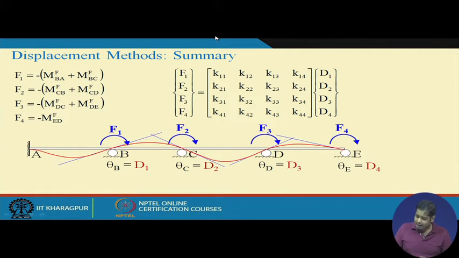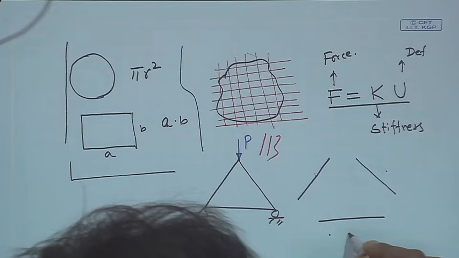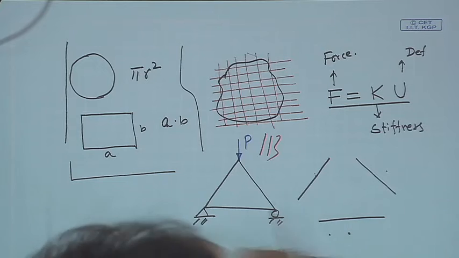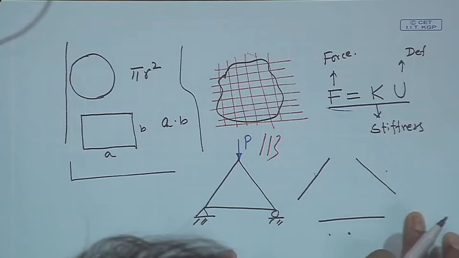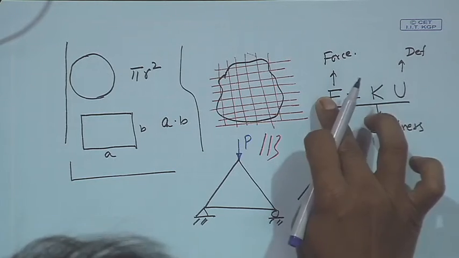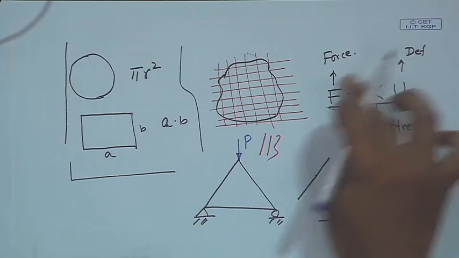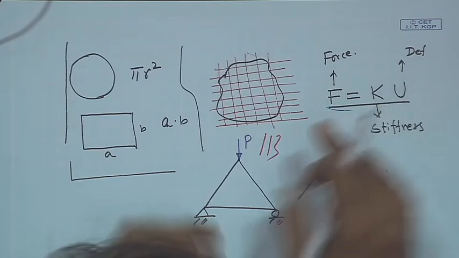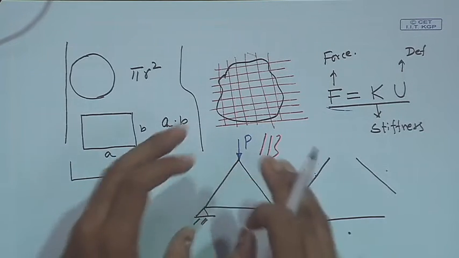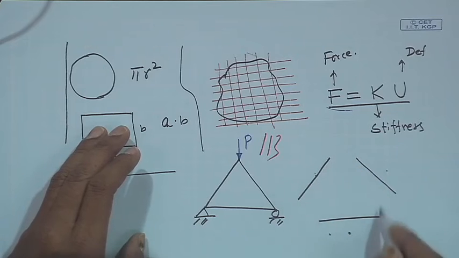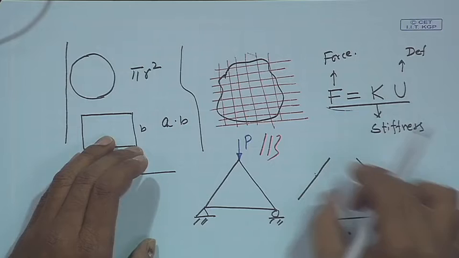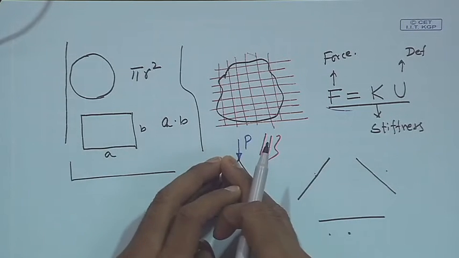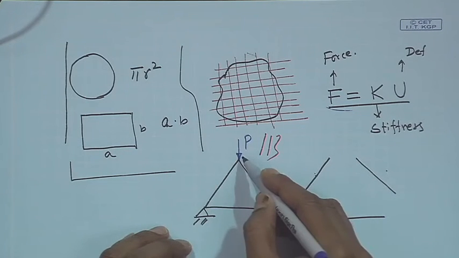Then we write this relation for each member, and assemble the relations of all the members to get a similar expression, force is equal to stiffness into displacement, a force displacement relation for the entire structure. So we divide it into smaller parts like this, write the force displacement relation of these several parts, and then assemble them to get the force displacement relation of the entire structure.